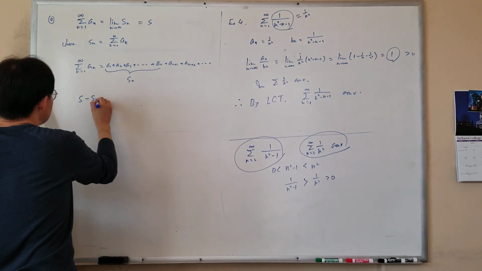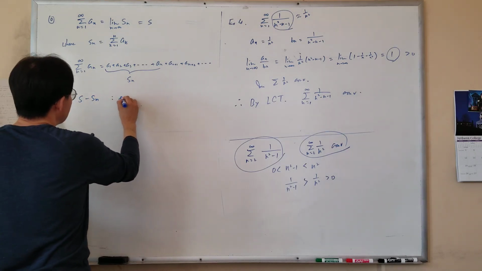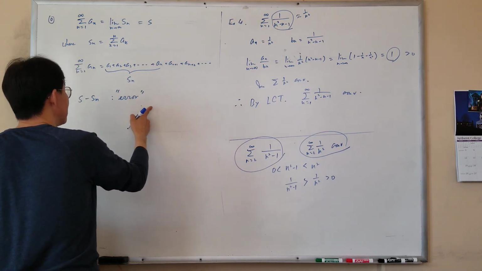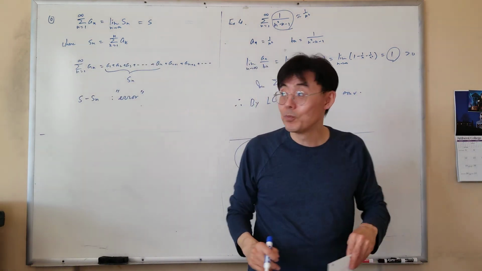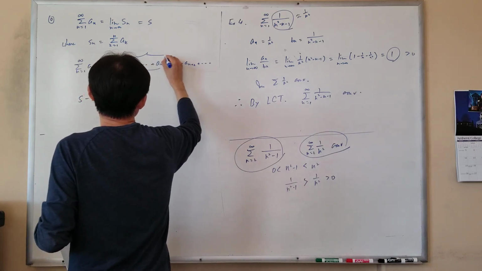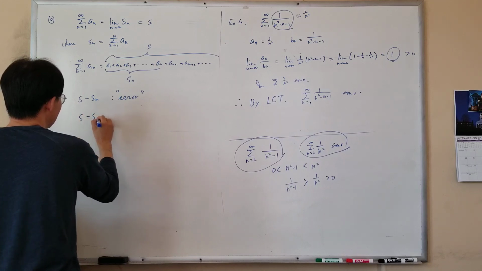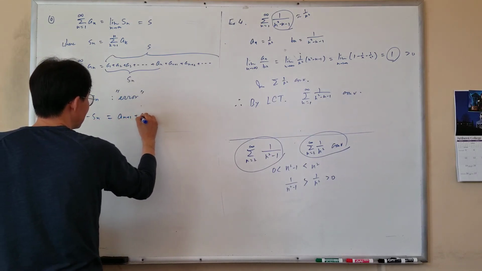So S minus Sn will be the error, right? This is the error, the so-called error of the approximation by Sn. Now, the whole thing will be S. So S minus Sn must be the remaining ones, right?